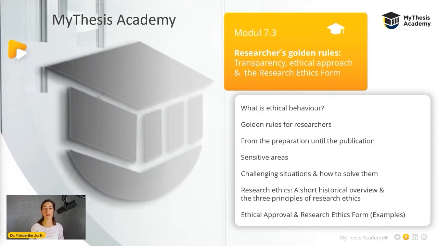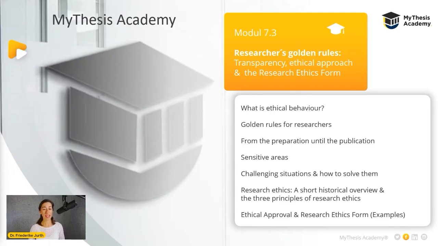Not only regarding the instruments and the methods of conducting a practical research, but also in terms of ethical behavior, after all, with the field participants.